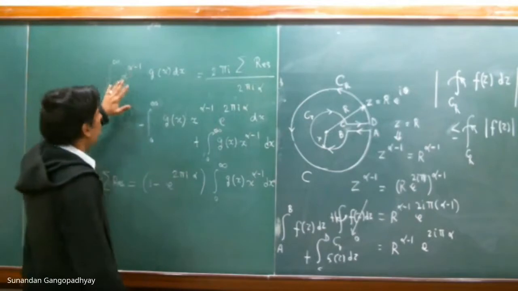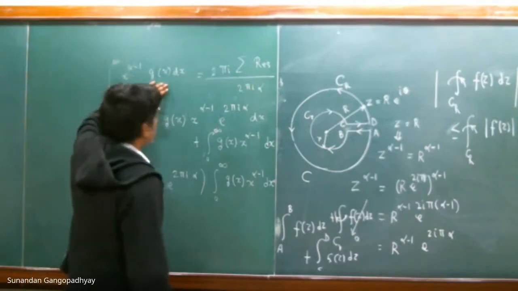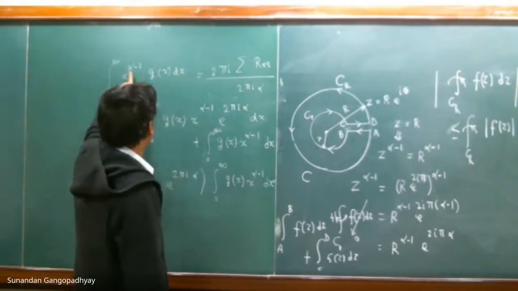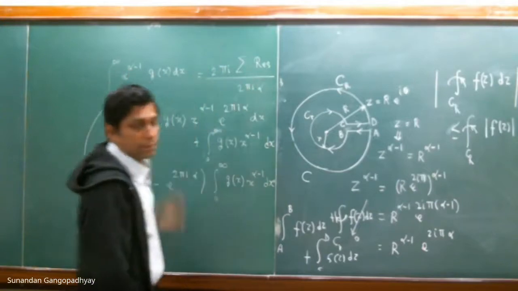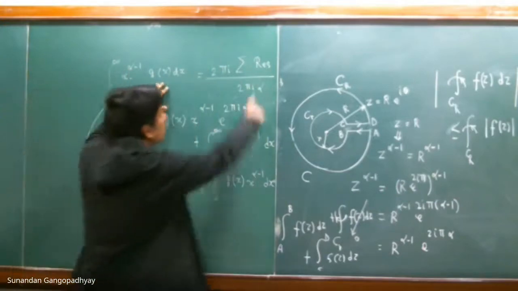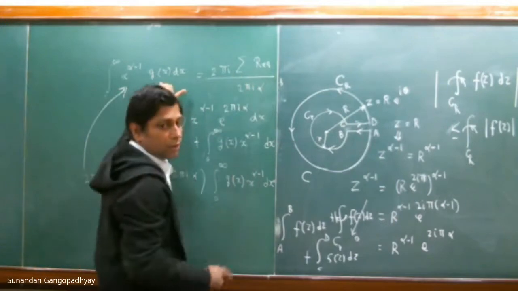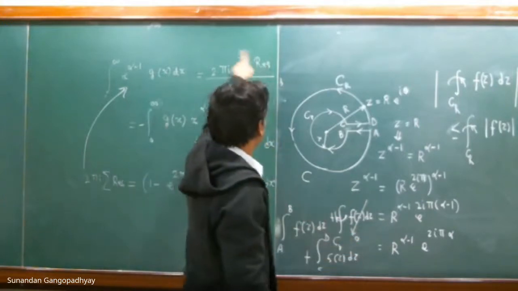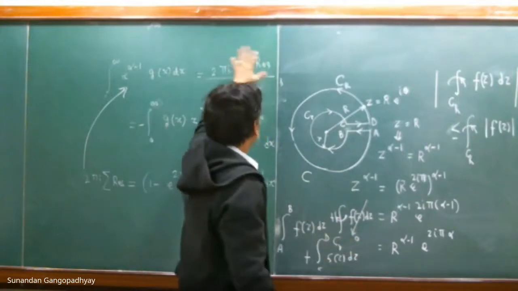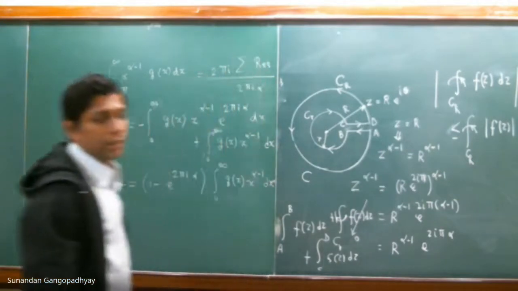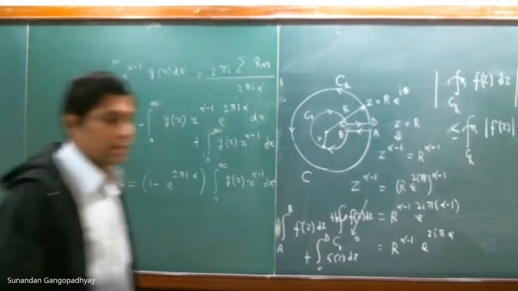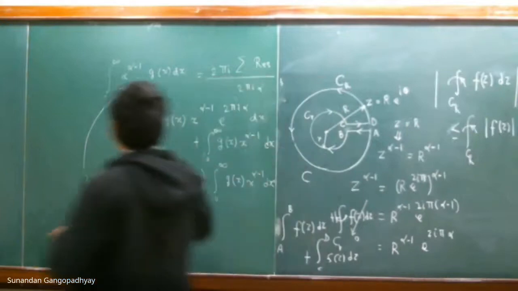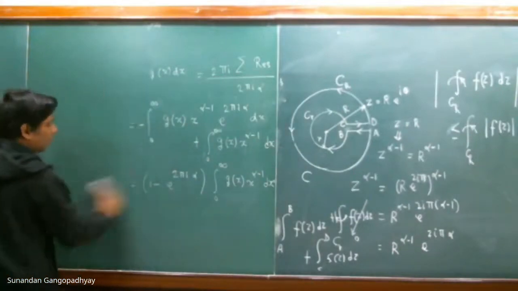If these conditions hold, and g of x does not have any singularity on the real x-axis, then the value of this integral, with alpha not being an integer, is basically this. You just calculate the residues of this function, which in the complex plane becomes g of z. Put in the value of the residue, and the answer of the integral will be this. So this is a very general result. You can try some problems at home. Take any book and try to solve some problems.